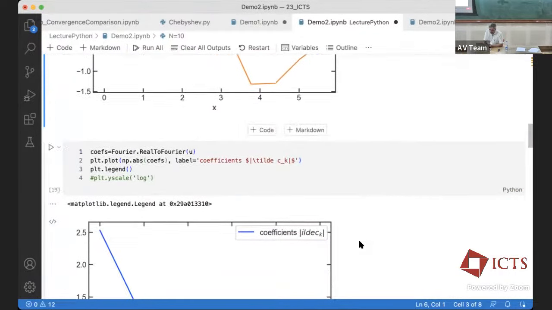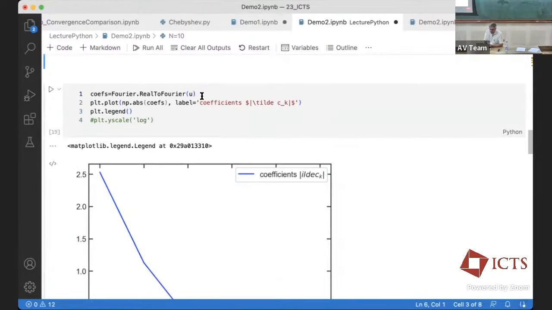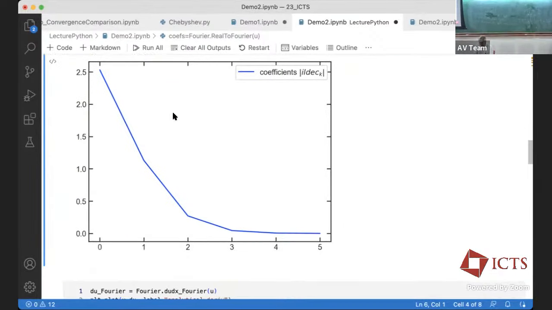So if I now begin playing Fourier games, I already have coded for myself one of the functions I'm asking you to do in the tutorials this afternoon, namely the one that does this step here to compute the spectral coefficients. And here's a plot of the absolute values of these spectral coefficients.